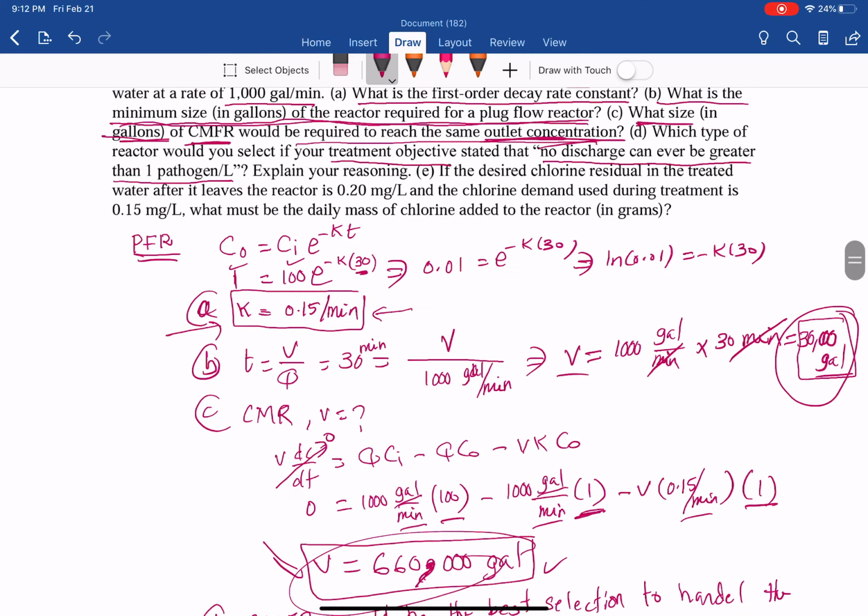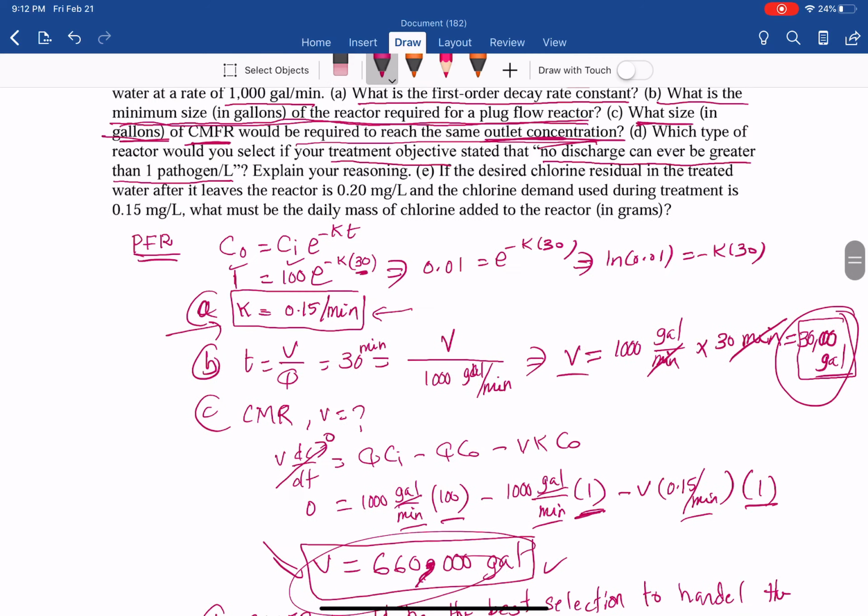So now this is E. The chlorine residual is the extra chlorine that will stay in the water after you do the chlorination, after killing the bacteria, in case there is any regrowth, any infiltration of microbes in the future.